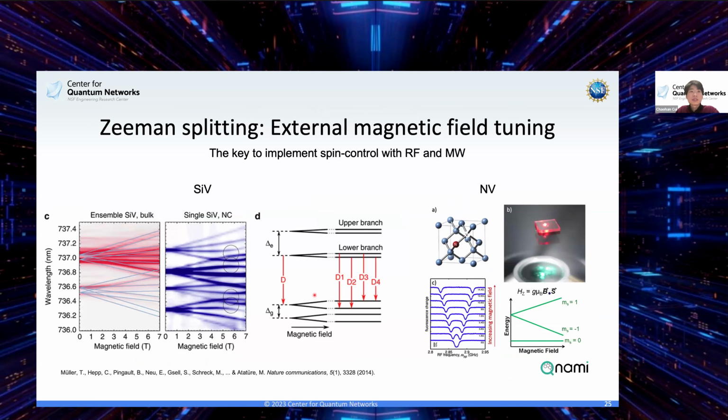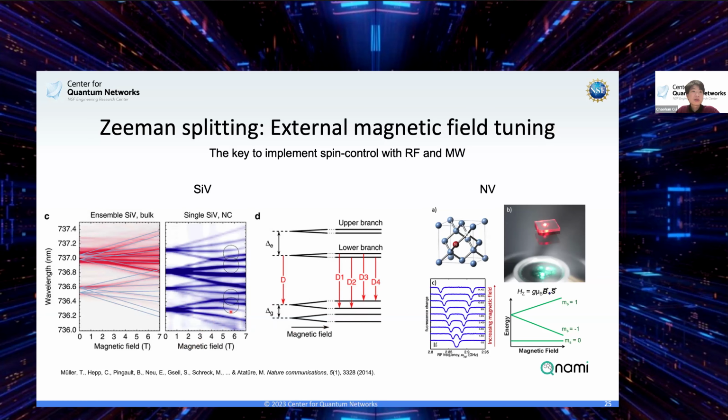The second knob, maybe it's not really useful, but we definitely need it, is the Zeeman splitting controlled by an external magnetic field. It separates those degenerate spin states so you can address them individually. In the silicon vacancy, by increasing the magnetic field, you create multiple branches corresponding to different spins, and they cross over at a certain magnetic field.